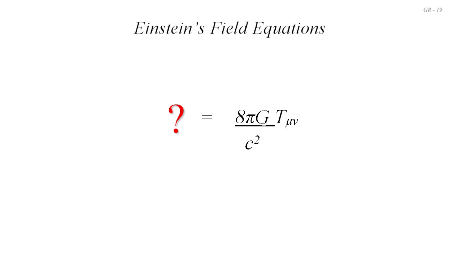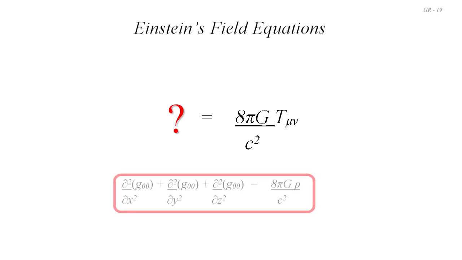It obviously has to be a symmetric rank 2 tensor in order to match what's on the right-hand side, and in the way we've chosen to write things, it will have to have 2 covariant or lower indices. On top of that, it will almost certainly have to contain the metric tensor and its derivatives.